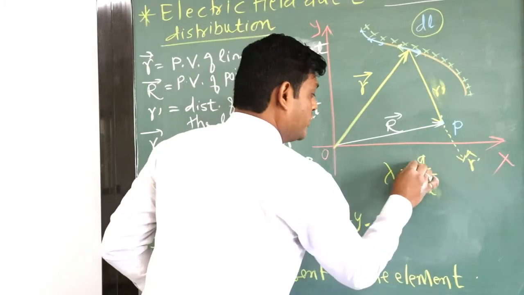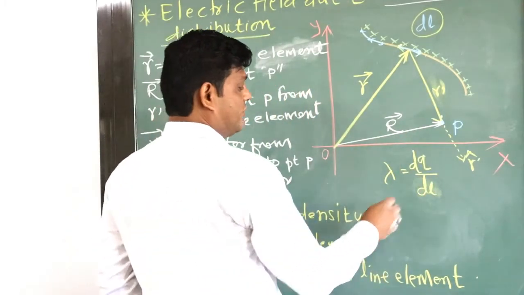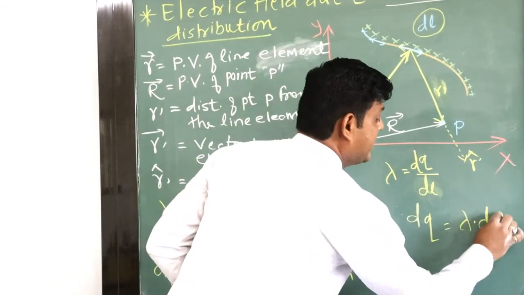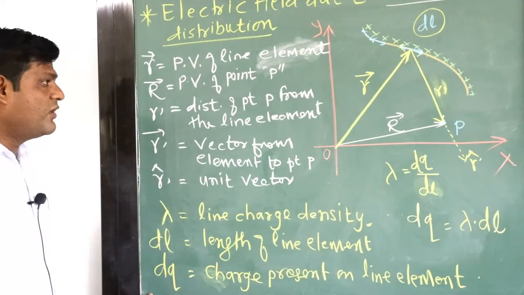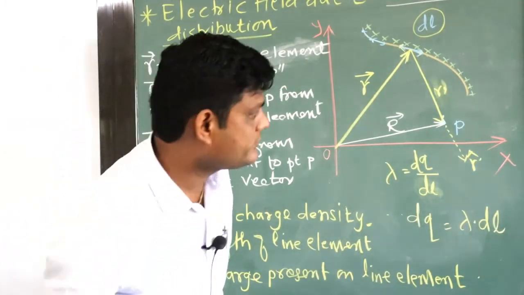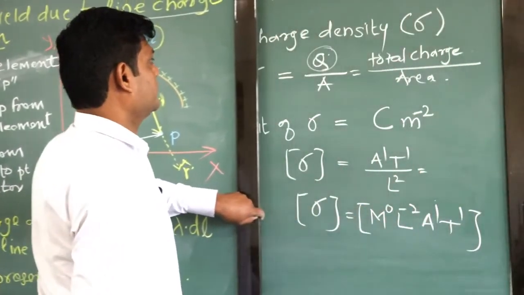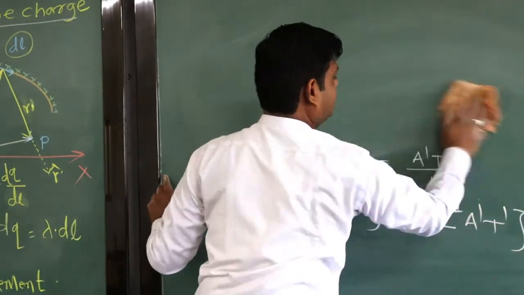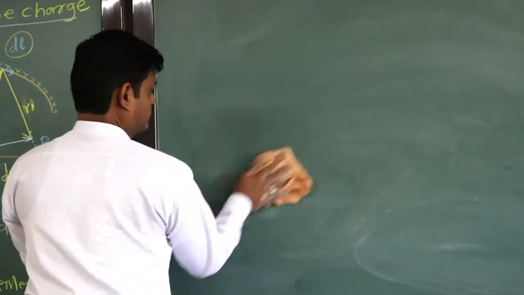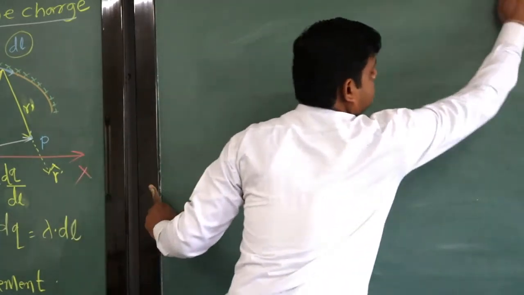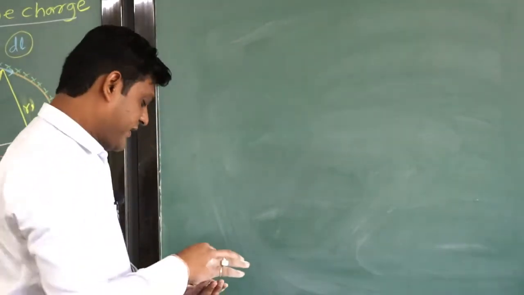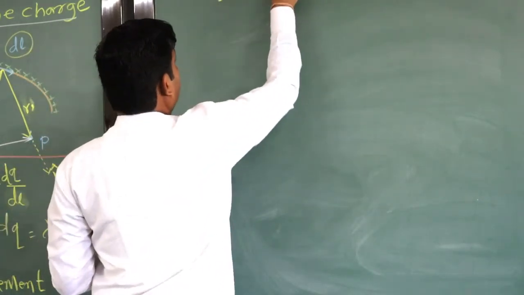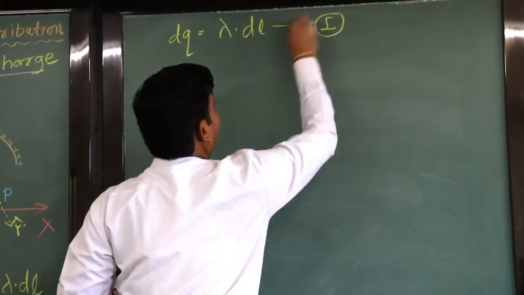How many charges? dq is the charge. Then what is the value of dq? Therefore dq equals lambda into dl. So we defined it over here, dq equals lambda into dl, equation number 1.